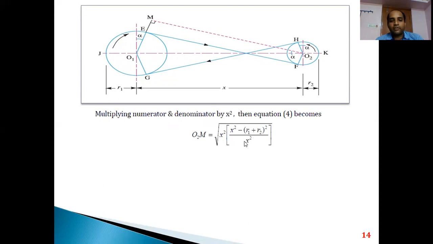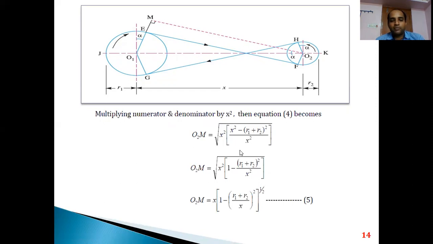If we cancel, again we get the same equation itself. Now I will take the simplification once more, such that we only get 1 minus (R1 plus R2) whole square by x square. Now this x square, when I take it outside of the bracket, the resulting term we get is x square bracket inside 1 minus (R1 plus R2) by x.